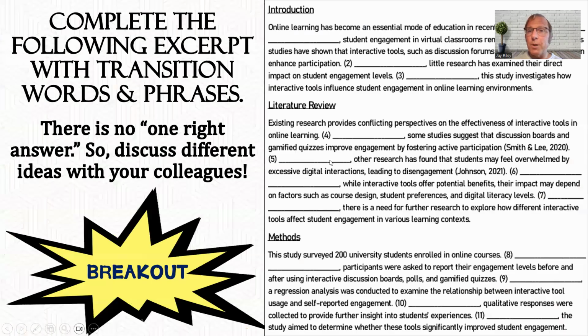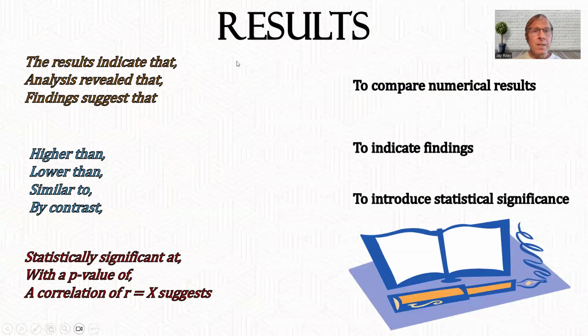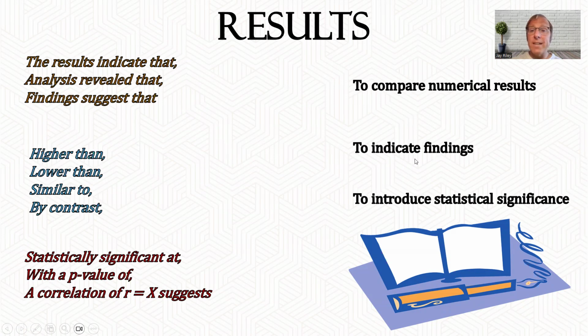So let's move to our results section. The results indicate that, analysis revealed that, and findings suggest that. Is this to compare numerical results, indicate findings, or introduce statistical significance? This is to indicate findings.